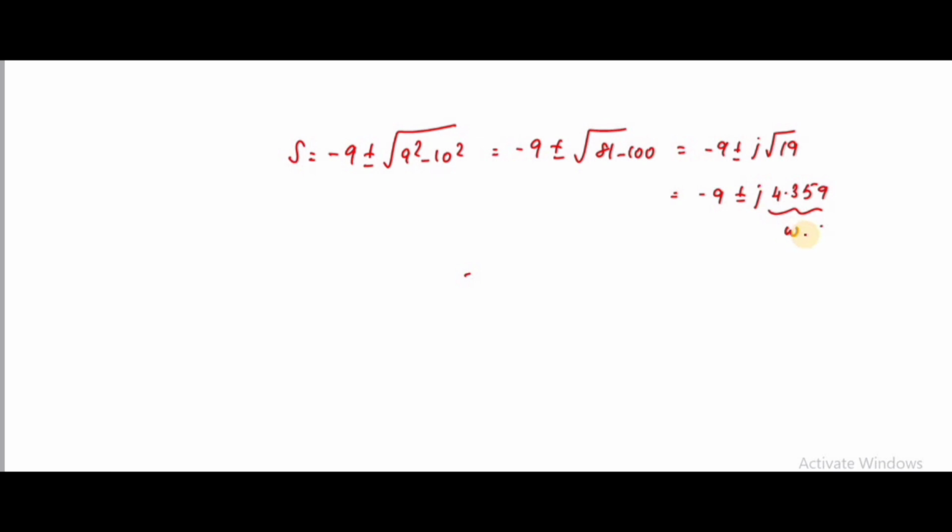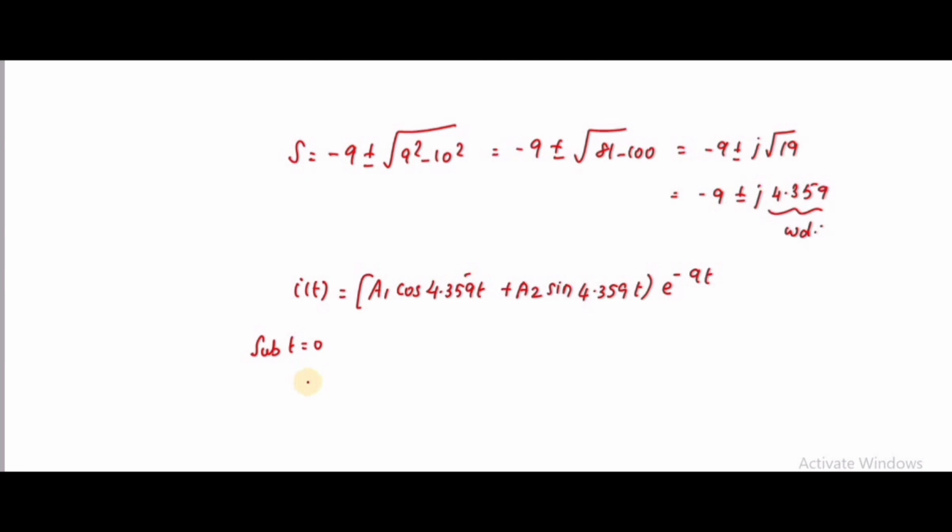Here you find the values. You have to substitute in i of t, right? So i of t is equal to e power minus 9t times a1 cos omega d t plus a2 sin omega d t, where omega d is 4.359. This is the formula.